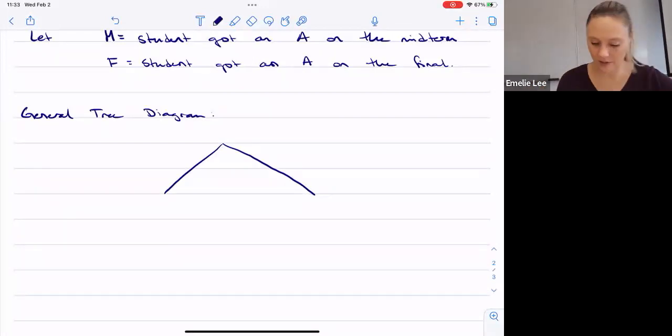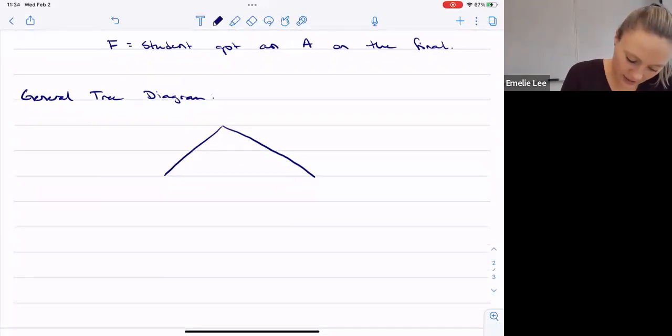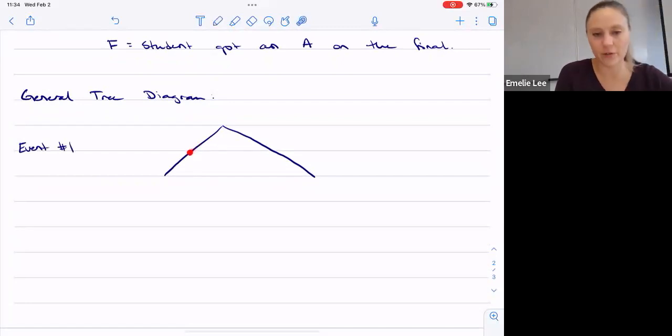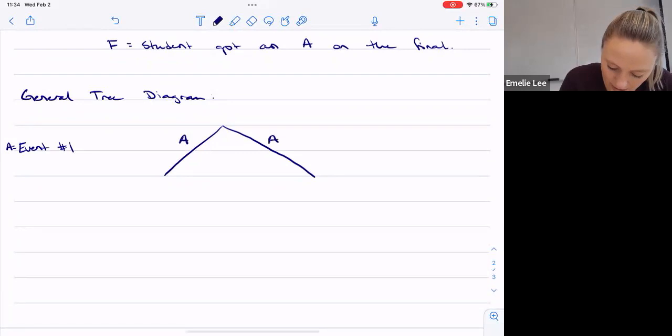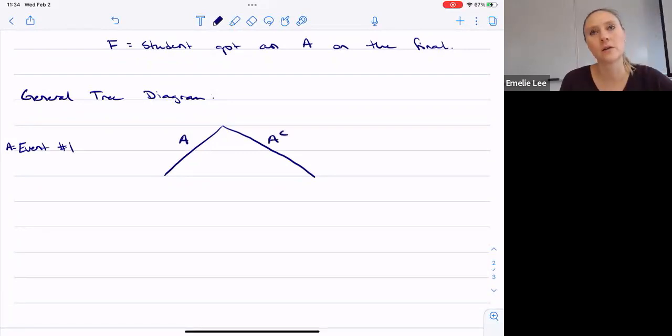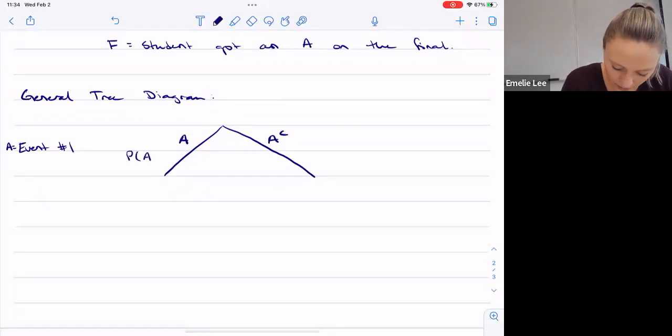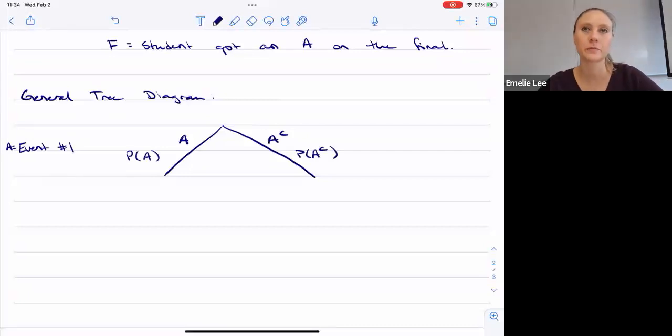And then we've got event number 1. So that's your first layer. And let's let A be event number 1. So then here I have A happened or A didn't happen. With some probability, so I'm going to jot down the probability of A and the probability of not A.